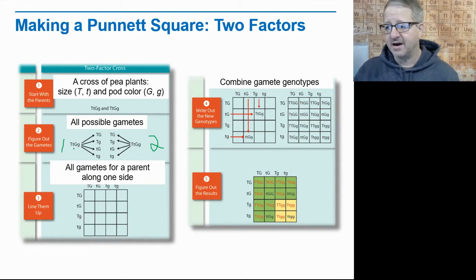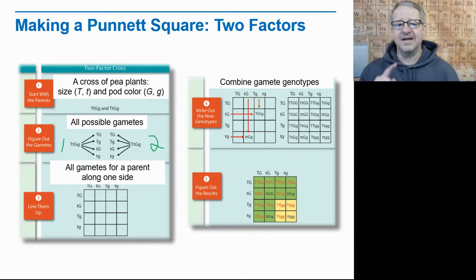Because there's a big T here and a big G here. We could also get big T, little g, or we could get little t, big G, or we could get little t, little g. Those are the four possibilities if we were to mix up these alleles into the gametes.